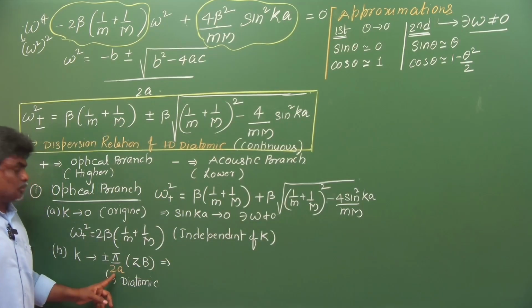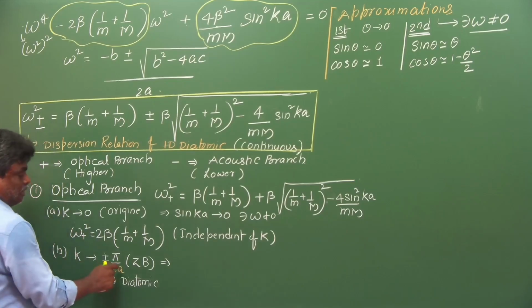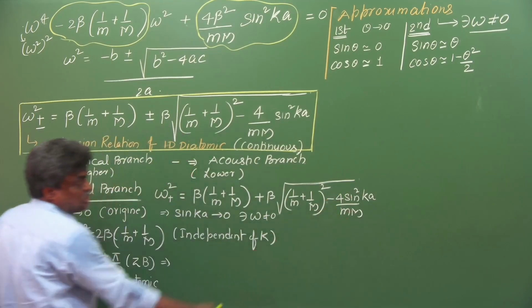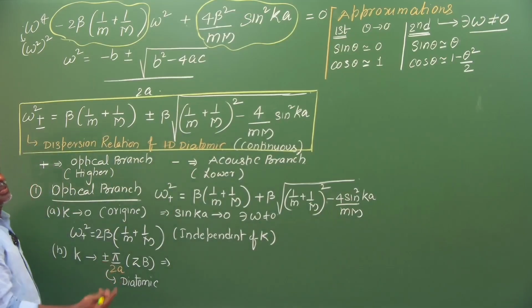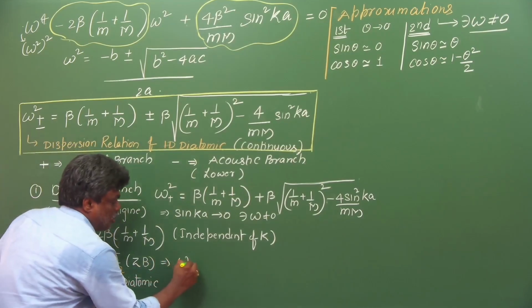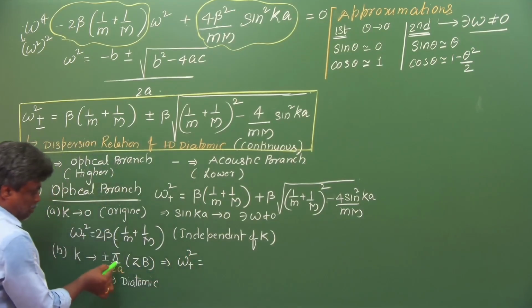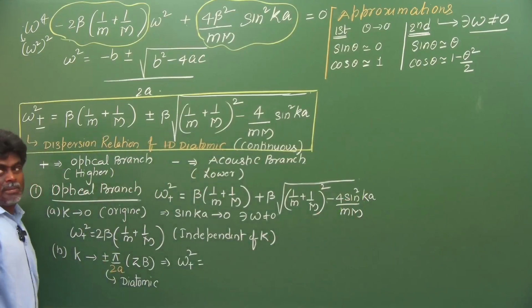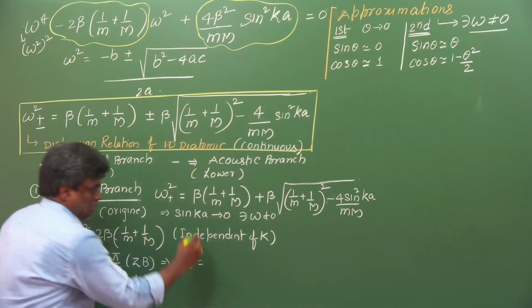That's why you have to take it. Now take it and substitute. Sin square ka, sin square pi by 2. Omega plus square equal to... One more time, take this and substitute. A gets cancelled. Sin pi by 2. So come on.